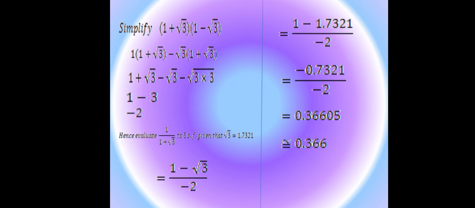Now substitute the square root of 3 with 1.7321 and then subtract that from the 1. We get negative 0.7321, then divide by negative 2. The answer is 0.366 to 3 significant figures.